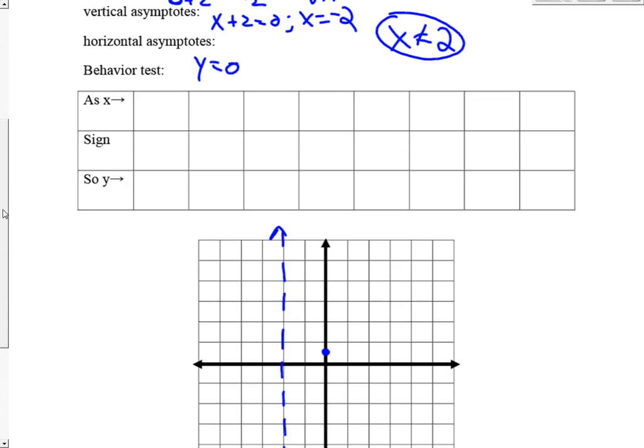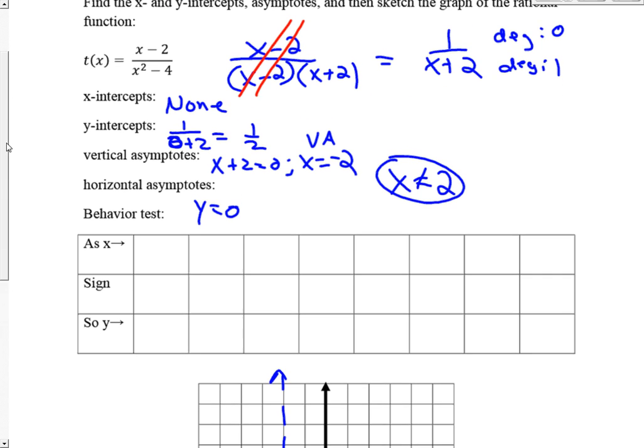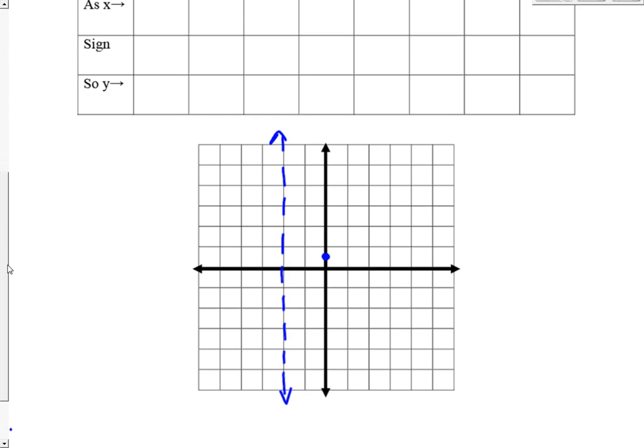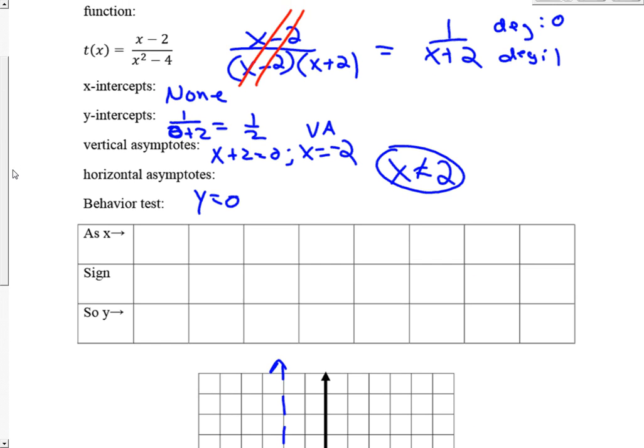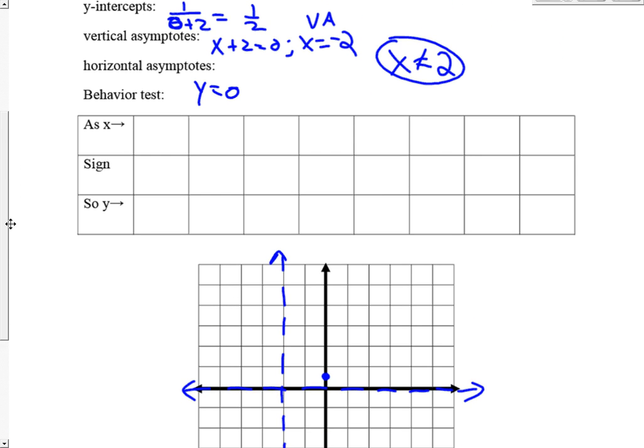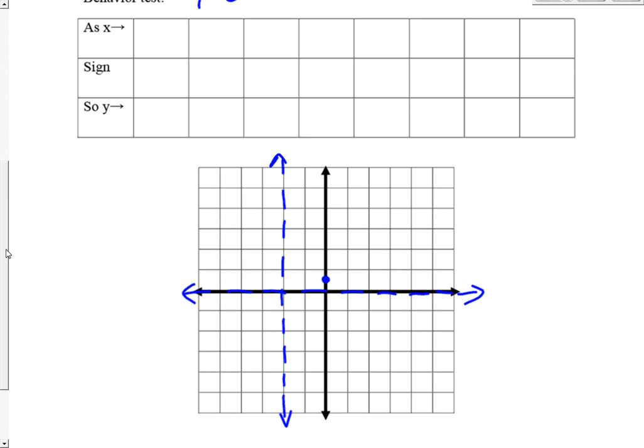All right, but they're there in case you want them. Our horizontal asymptote is y equals 0, so we're going to have a horizontal line there. Okay, I think we have everything labeled, except we need to consider and remember that x cannot equal 2. So somewhere around here for that x equal 2, we cannot have a solid dot. We have to put an open dot in our graph to represent no value.